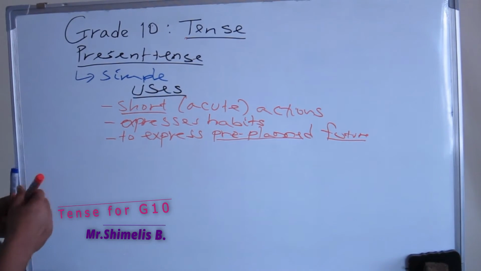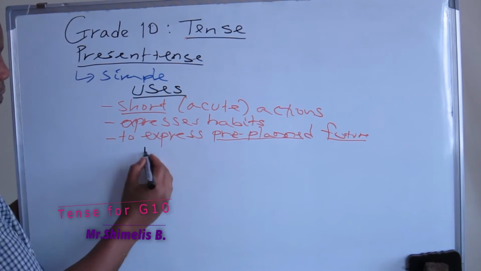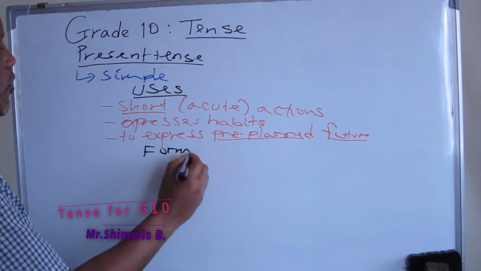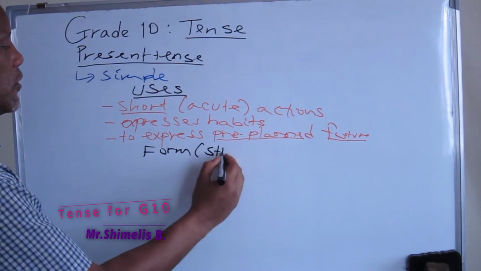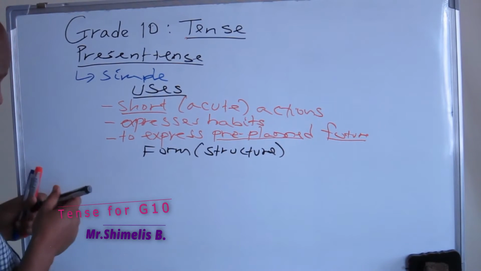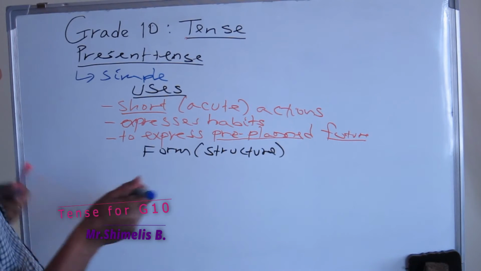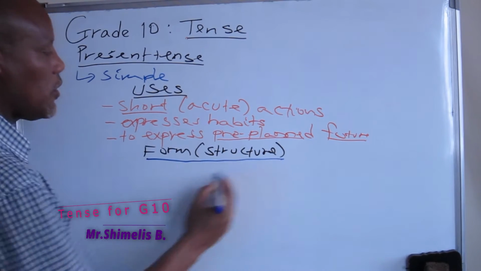So the next thing would be the form of simple present tense. The form or the structure of simple present tense. What does the simple present tense sentence look like?